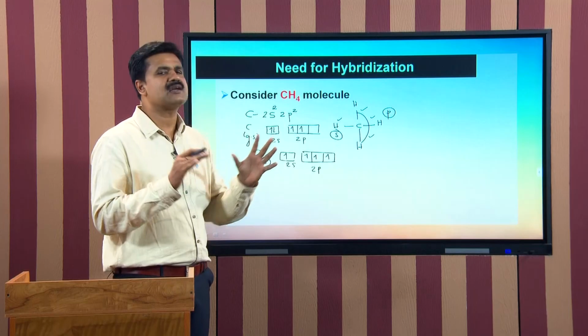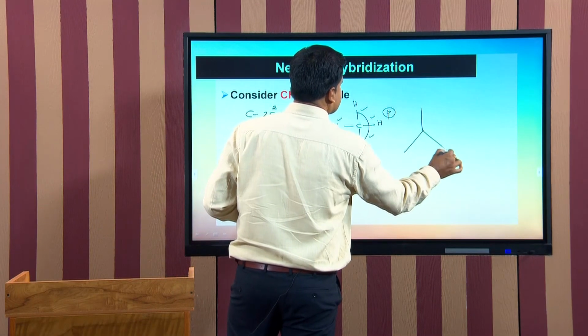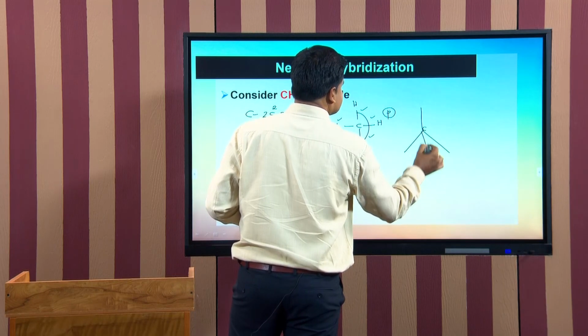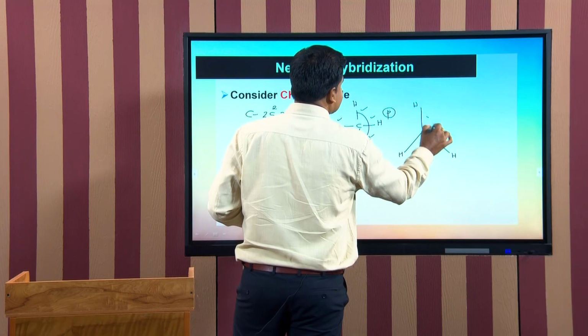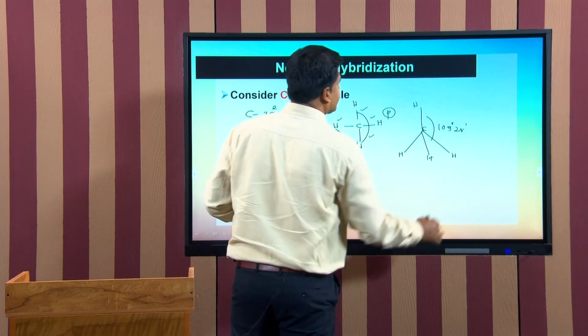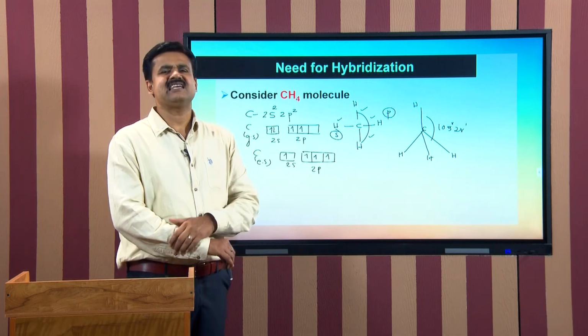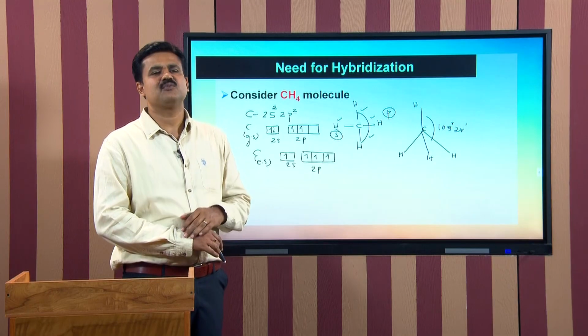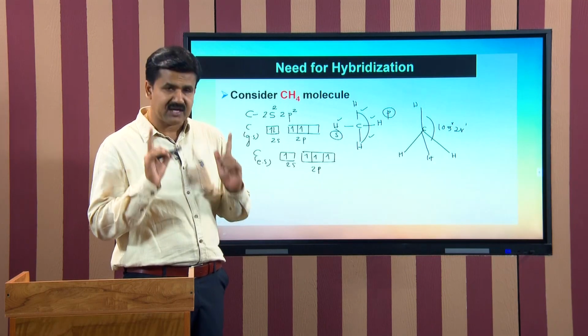These 4 bonds are oriented towards the 4 corners of a regular tetrahedron. Carbon is at the center, with hydrogens at the corners. The bond angle is the same and that is marked as 109 degrees 28 minutes. And due to the identical nature of the 4 CH bonds in the CH4 molecule, we must ensure one thing.